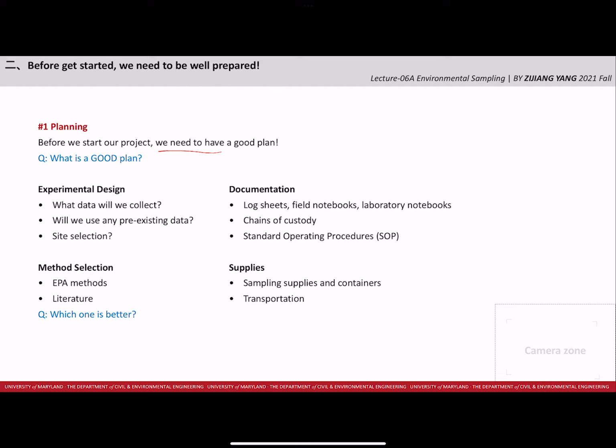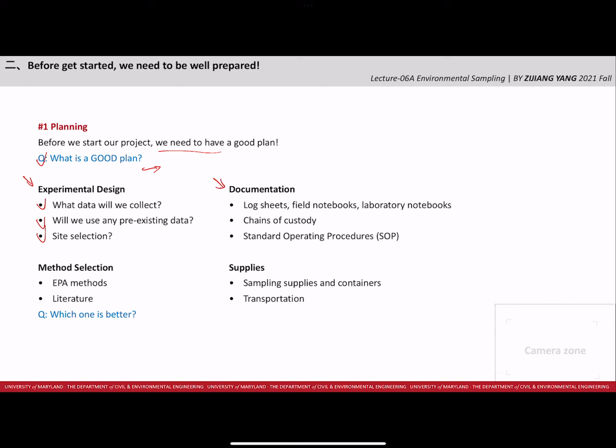No. And I think another most important thing is that a good plan is economical, like it is relatively cheap. So we can use a certain amount of money to do more work. So about the sampling plan, we need to think about 4 components: the experimental design, like what data will be collected, will we use any pre-existing data, and the site selection.